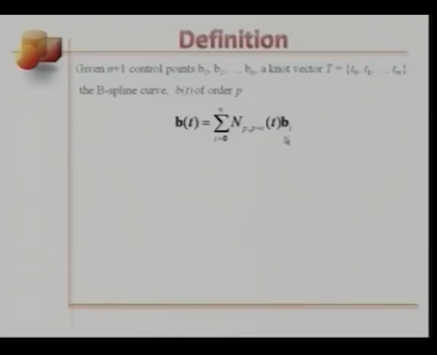Now, if you notice, this is a very similar construction as we have seen in case of Bezier segments. There we had Bernstein polynomials. Here we have B-spline basis functions acting as weights for each design point that a user would specify.